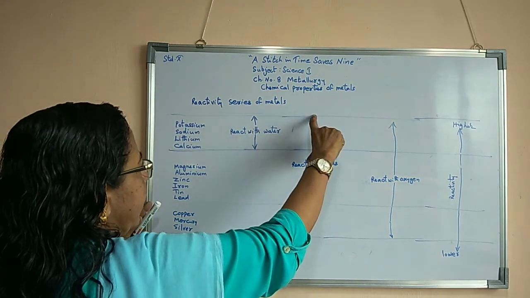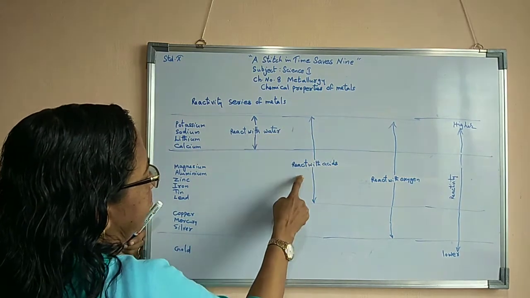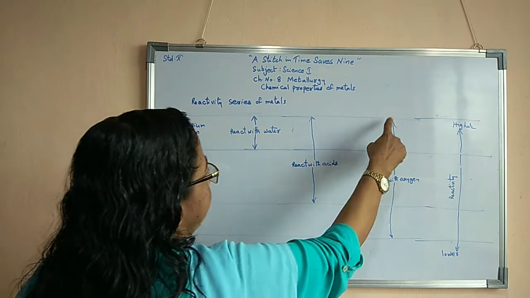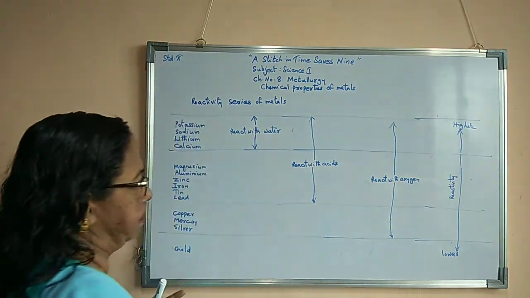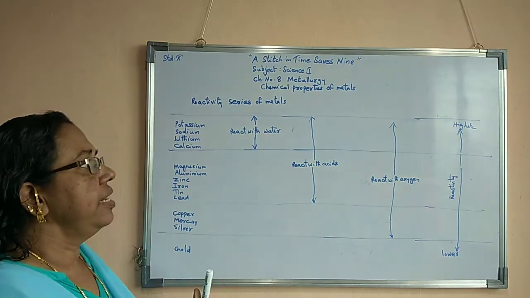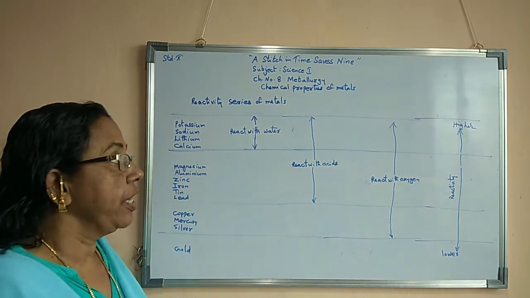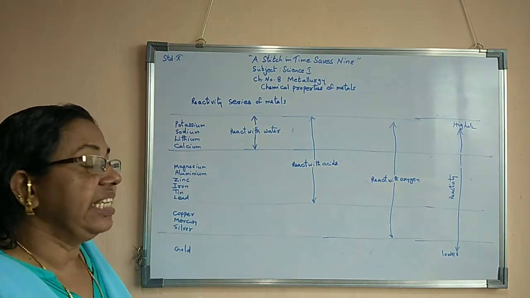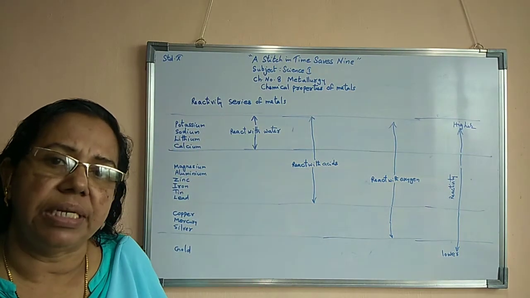These elements are having the capacity, arrow mark from here is there, to react with acids. Even they have the capacity to react with oxygen. So we can see that all these elements are highly reactive elements. Now out of this, potassium is having the highest reactive ability.